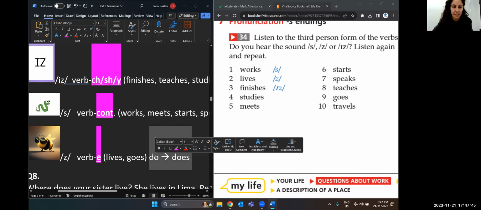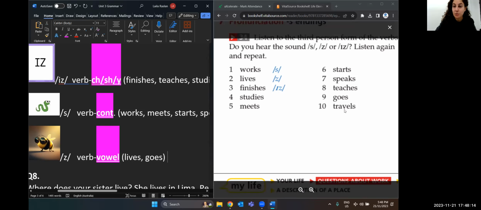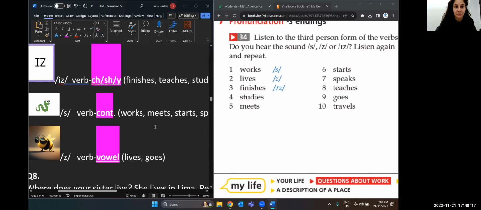So anytime you have a vowel ending, if the verb ends in a vowel, then that's how I know to make that sound. And travels. Yeah, because it ends in a consonant, L, so it makes the snake sound. Travels.